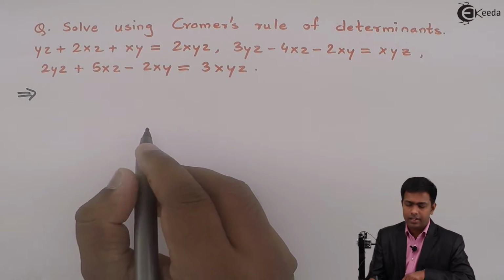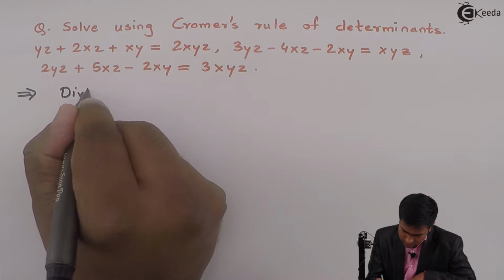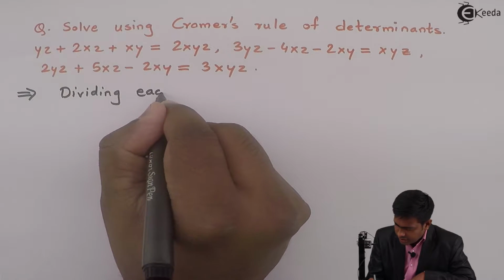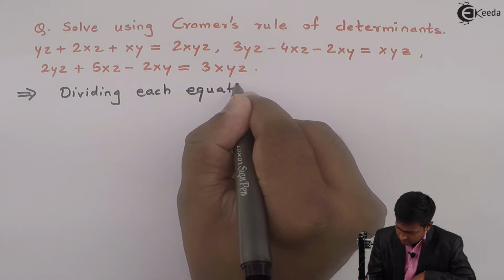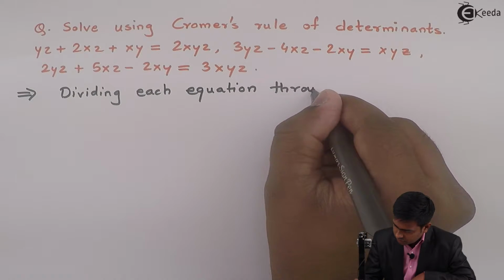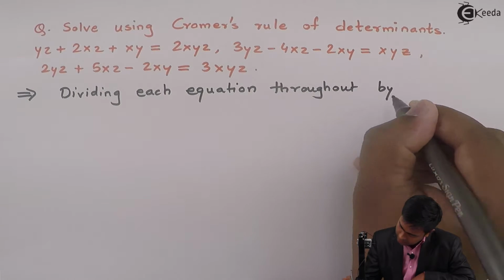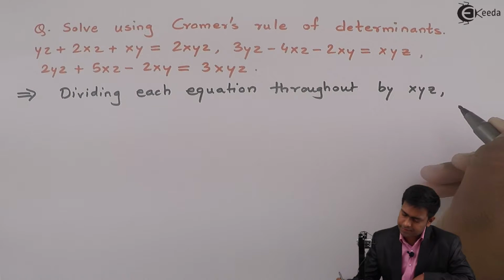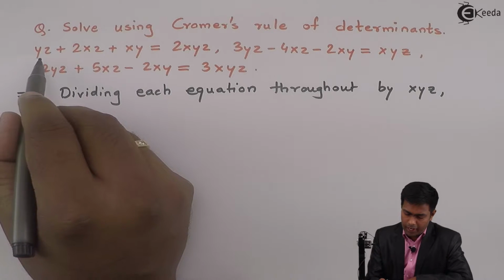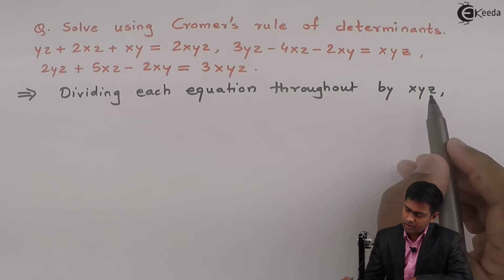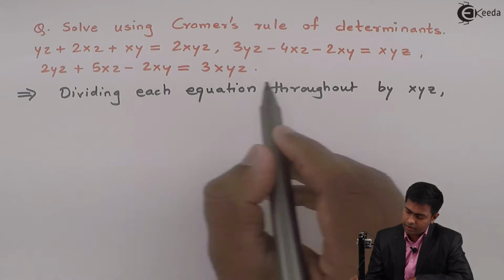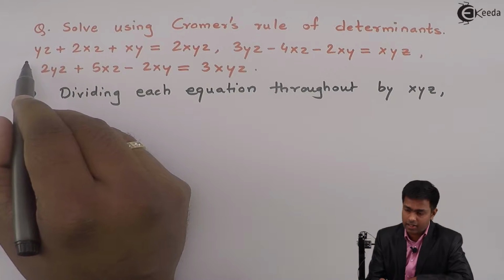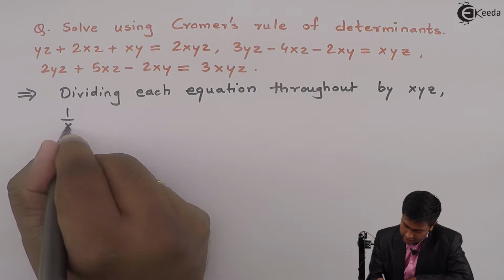So here I will say dividing each equation throughout by x, y and z. So by dividing yz with xyz, yz and yz will be cancelled and we will get 1 upon x.